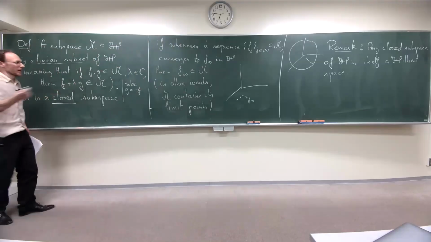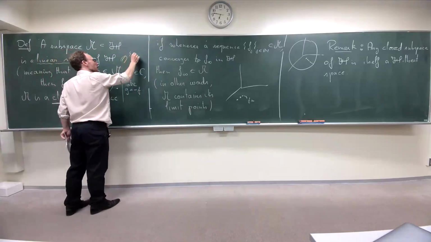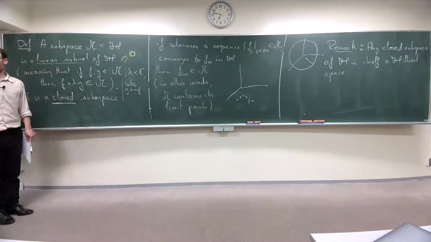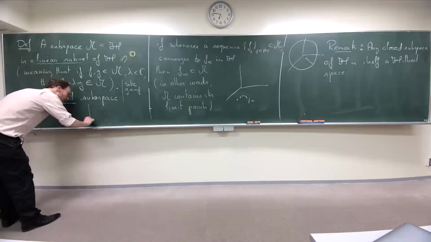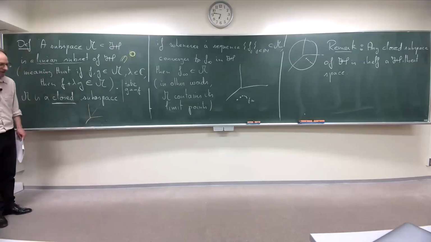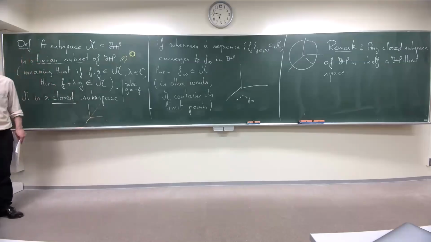So yes, fair. The point 0 is always in any subspace. So when I did the first picture with any plane, it has to go through 0. You cannot take an arbitrary line in R3. It has to be a line going through 0. My picture was misleading. Yes, 0 is always in any subspace.